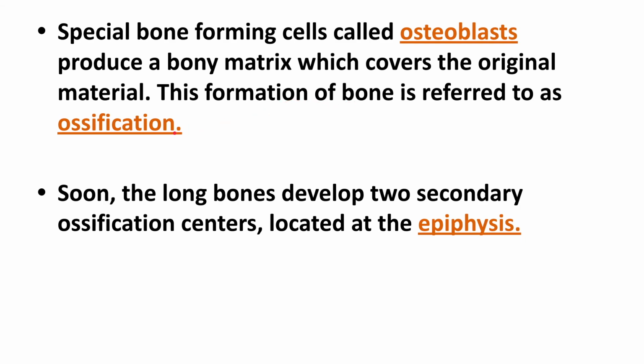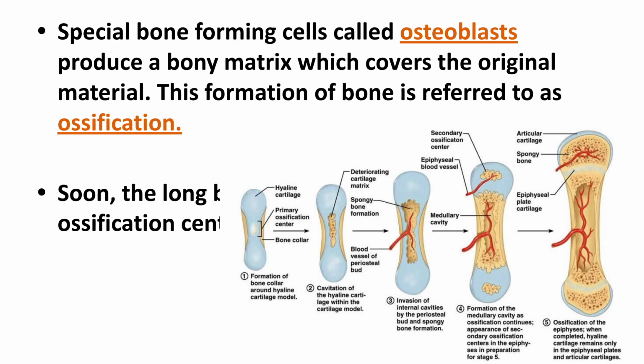And so soon those long bones are going to develop two secondary points of ossification, as opposed to the original just one. And these are located at the two epiphyses. And so when we look at a diagram of this, we see that the primary ossification center is the place where this starts first.